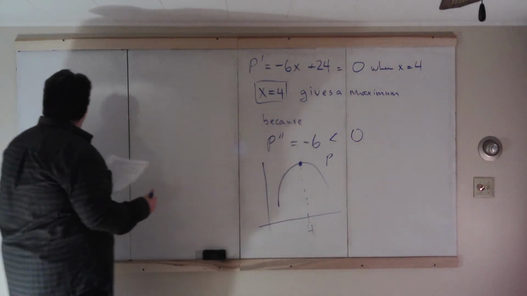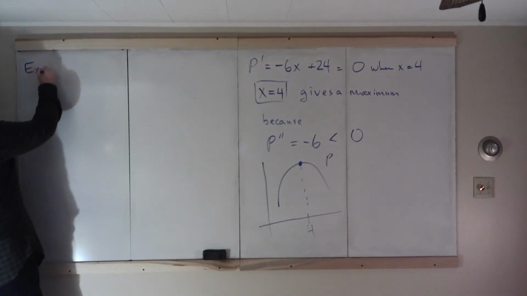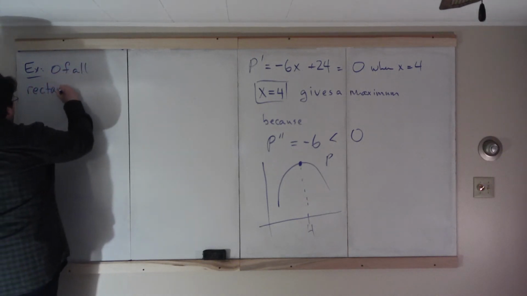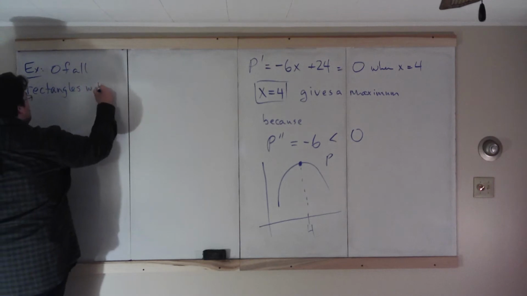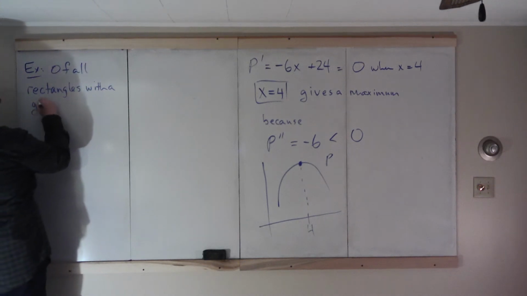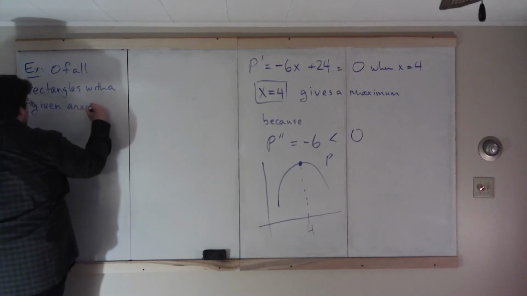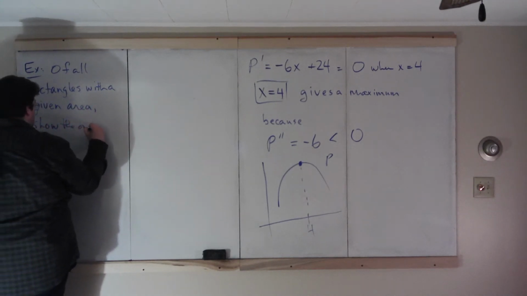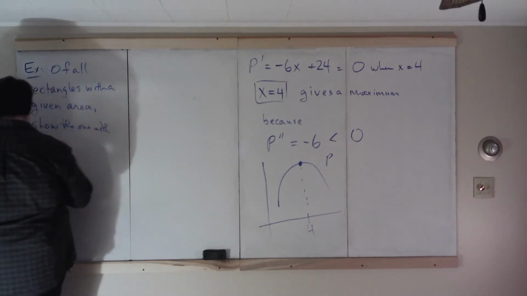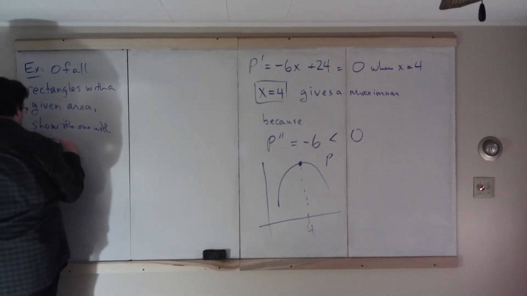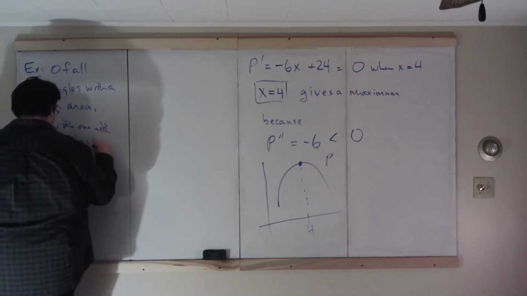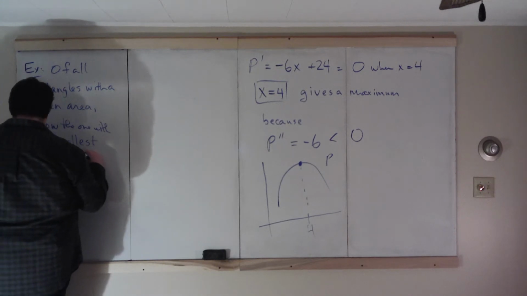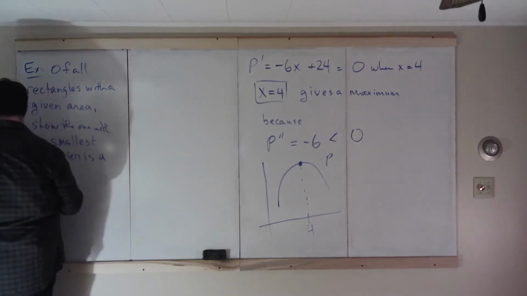Of all rectangles with a given area, show the one with the smallest perimeter is a square.